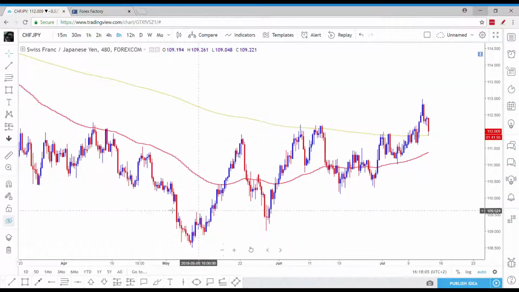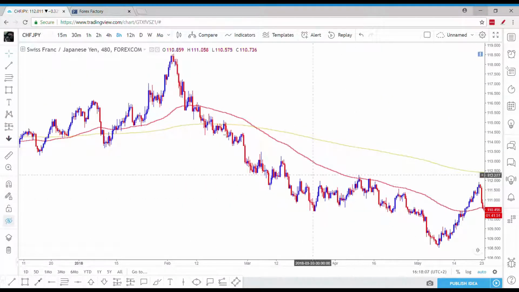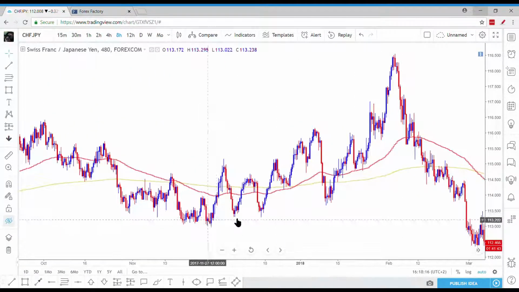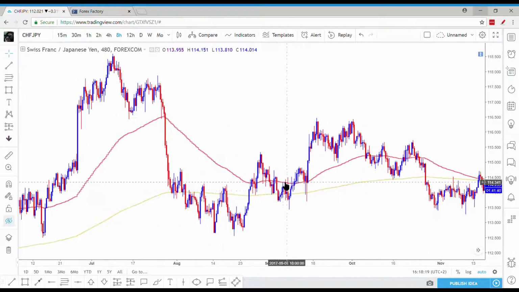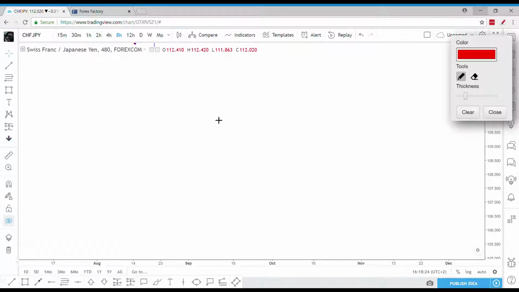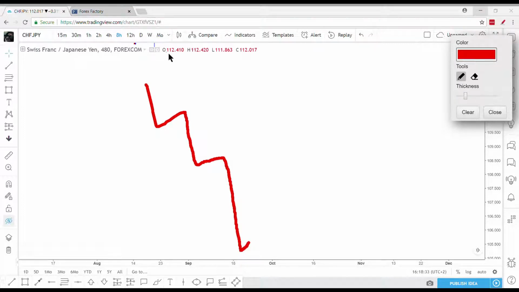So hide this. Okay, so nice support here, here again, there, nice one. So how I use the SMA is mainly when I see the price going like this, and now we can see it's going back up, and the 50 SMA, let's say, is doing something like this.